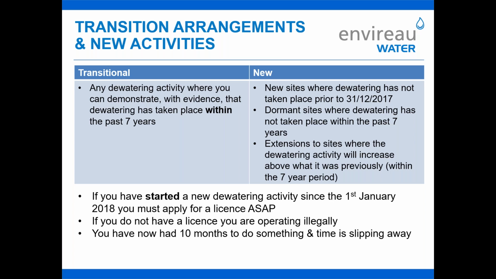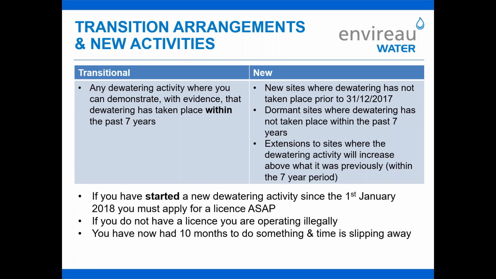When the regulations were introduced on the 1st of January of this year, there are essentially two situations that an operator may fall into. The first situation is that they've been dewatering historically, so they were dewatering certainly within the previous 7 years to the 1st of January of this year.